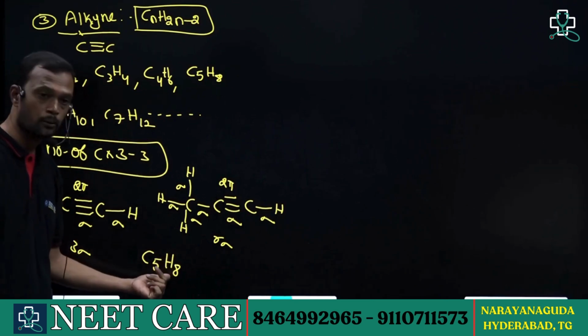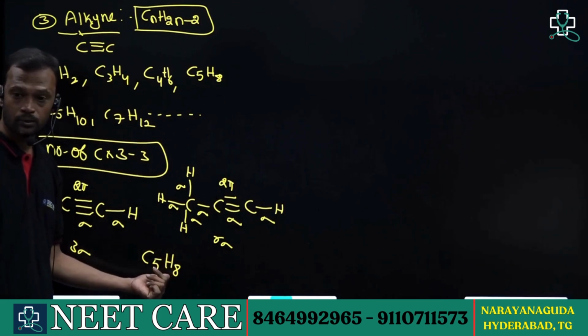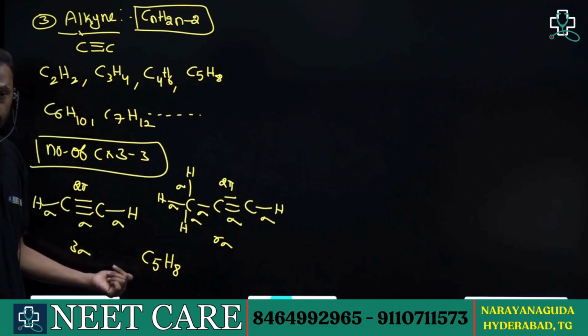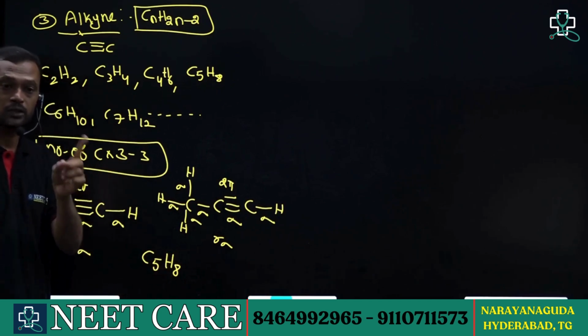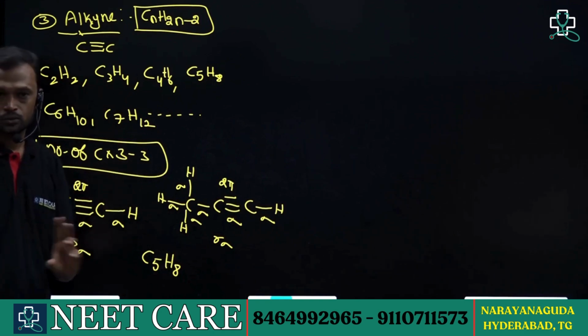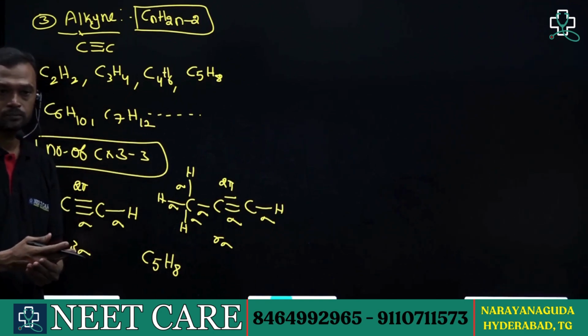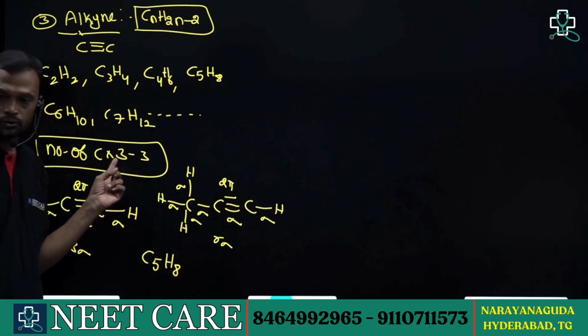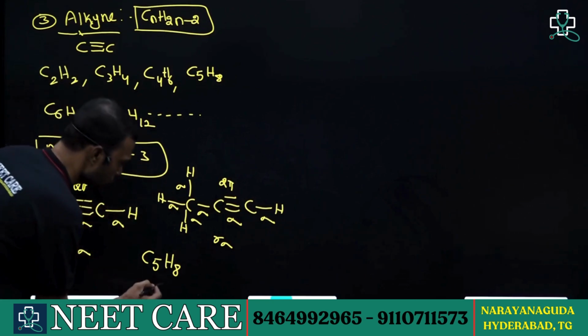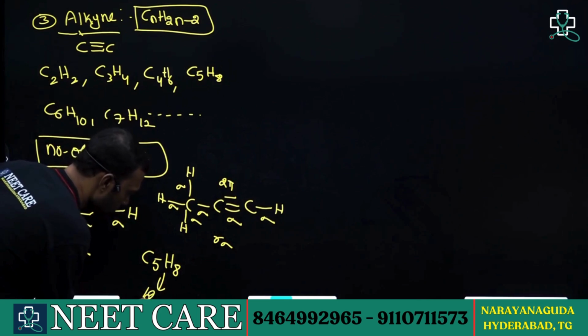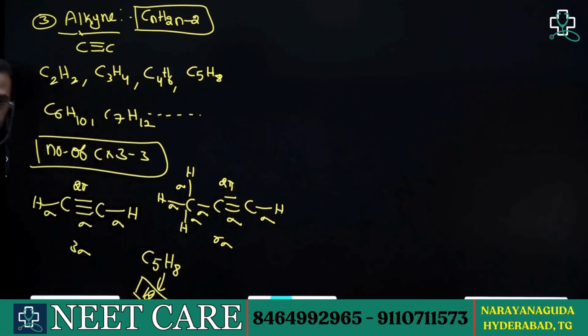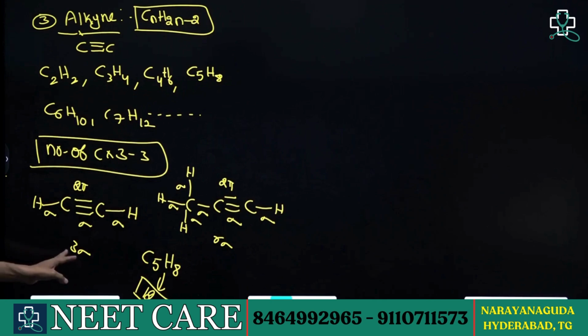So is it a triple bond or double bond? Triple bond. So what is the formula? Number of carbons multiplied with 3 minus 3. So here 5 into 3, 15. 15 minus 3, 12. So this molecule carries 12 sigma bonds. Like that. Is it clear? Take it.